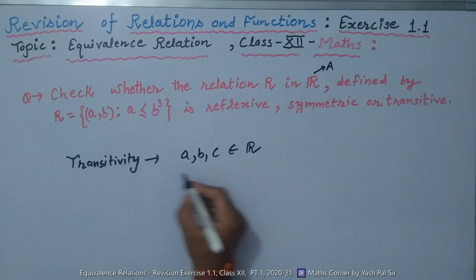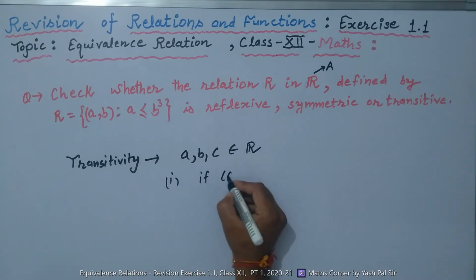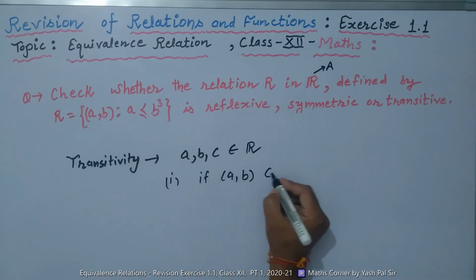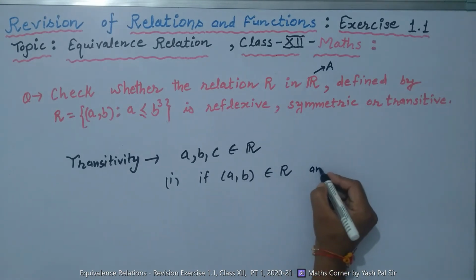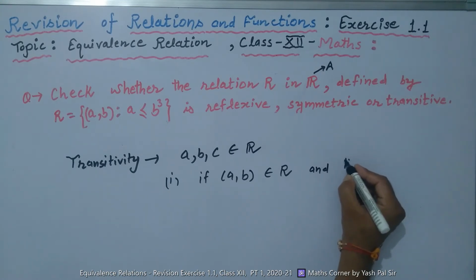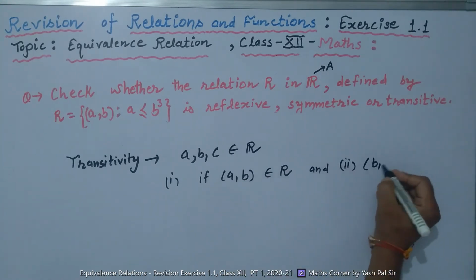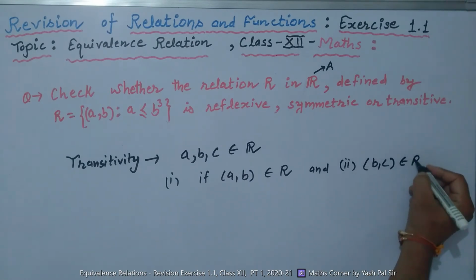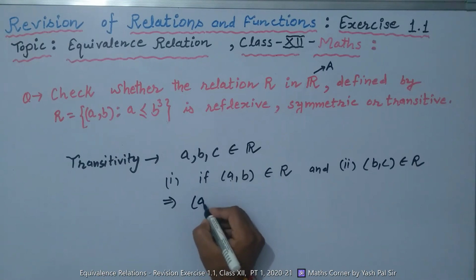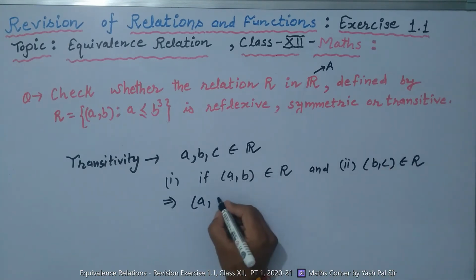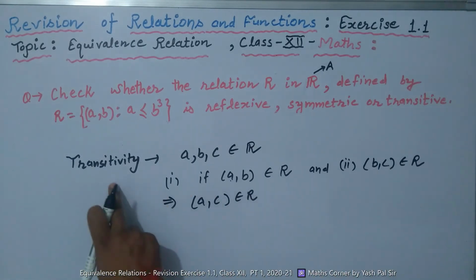The first condition: if (a, b) belongs to R, the given relation, and the second condition: (b, c) also belongs to R, then this implies the first element a and last element c, (a, c), should also belong to R. This is the definition for transitivity.